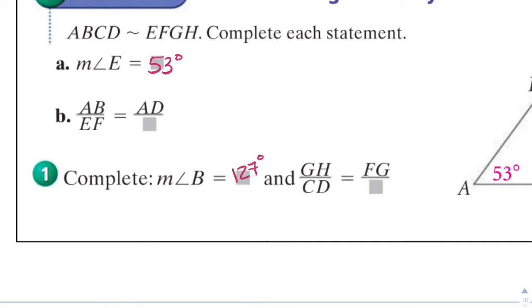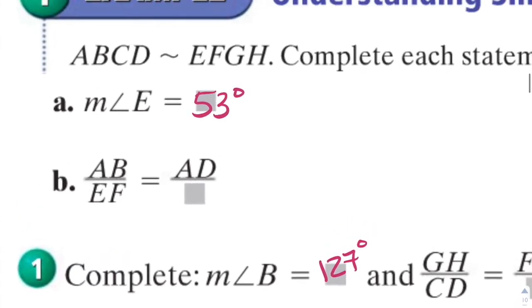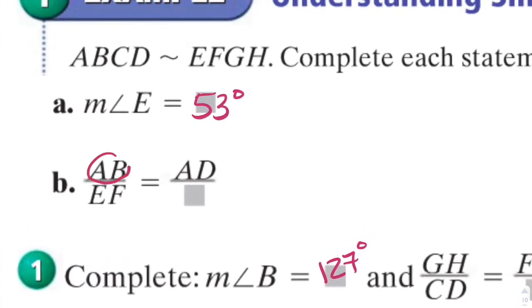Now we need to talk about its proportional sides. Without even looking at this, I know, looking at the figure, I have AB and EF. So notice that it goes in order, that AB is proportional to EF. So what is AD proportional to? Well, it's going to be proportional to EH.